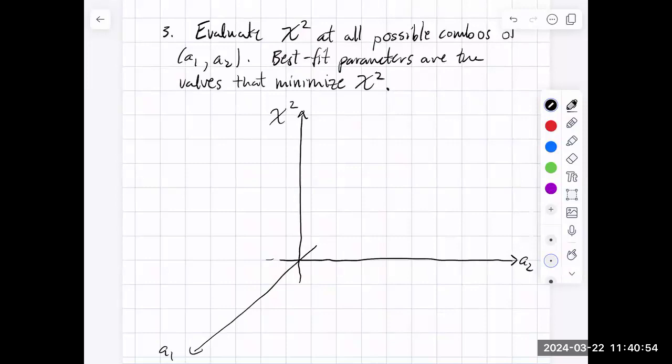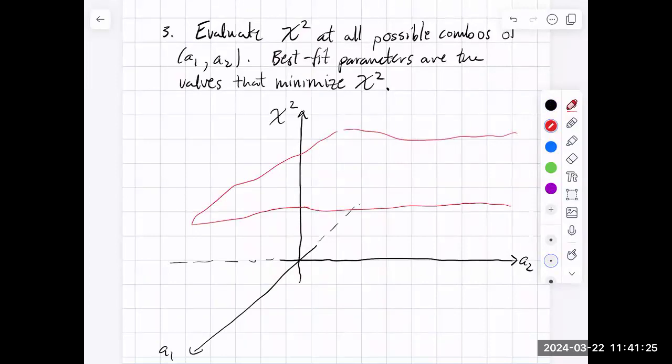Okay, and so this continues on. And what we're going to do is plot all of the values of chi-squared as a function of all of the A1, A2 parameter values. And the result is going to be some kind of surface.